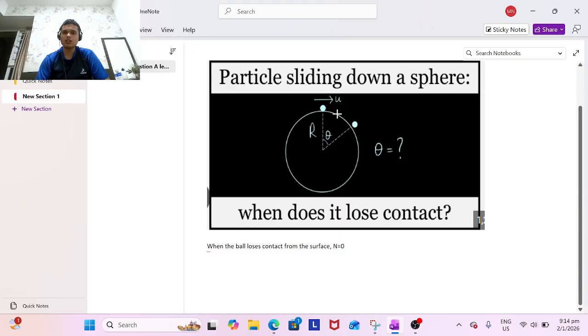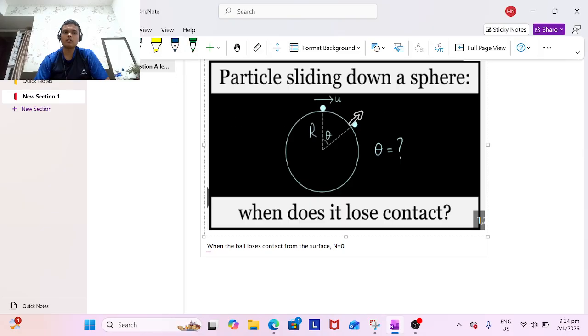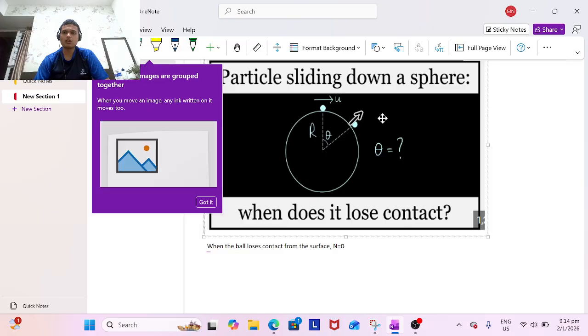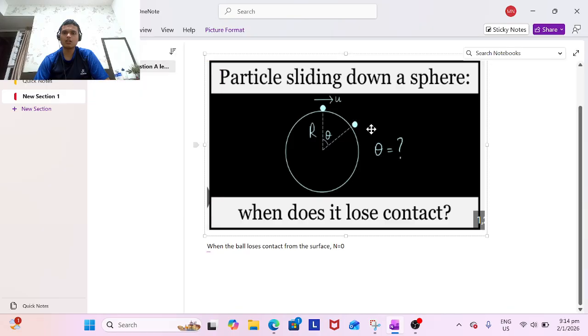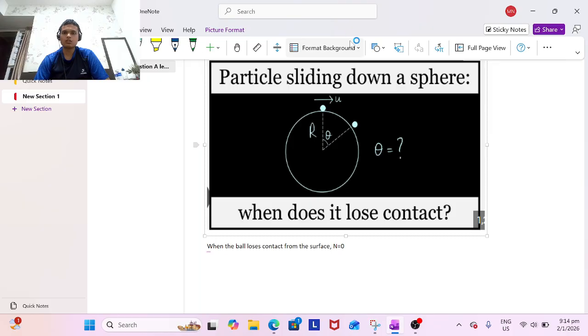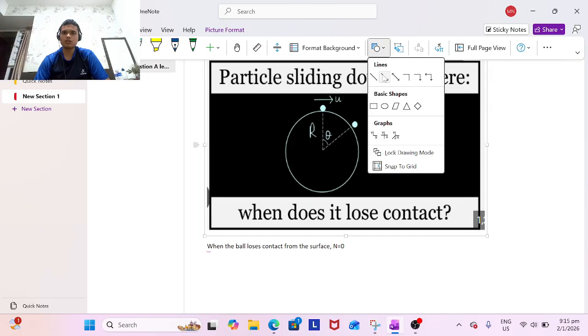So basically, at each point, there is a normal contact force. I'll call this N. Sorry, what happened to the line?